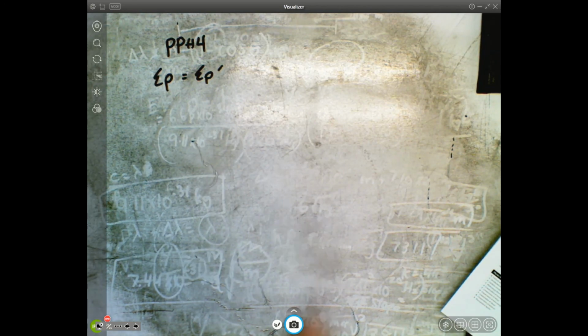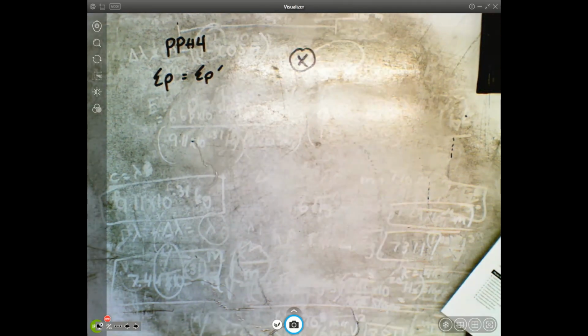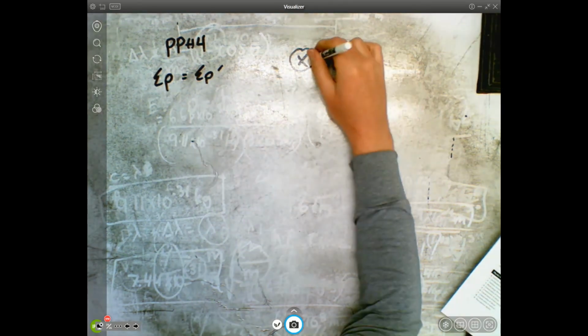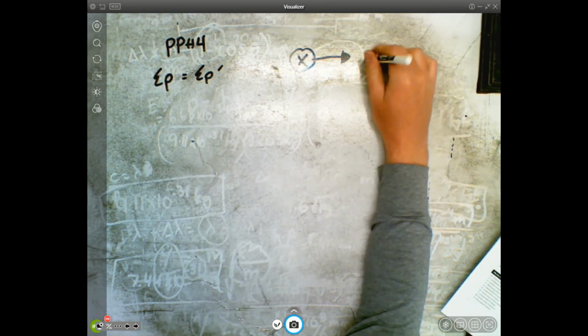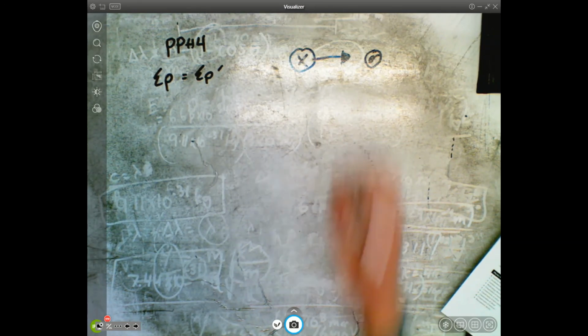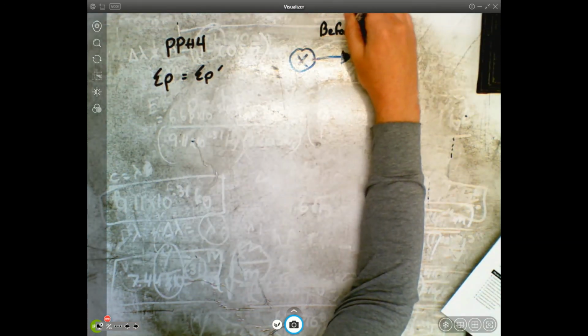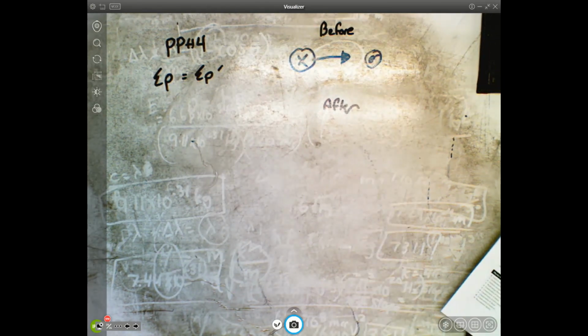Initially the electrons, let's draw a little picture. So we have our X-ray photon, traveling at the speed of light, and it's got momentum. And then we have our electron here, which is initially at rest. So this is my before. After the collision, the electrons recoil at a speed, so it gives us the speed and gives us the angle.